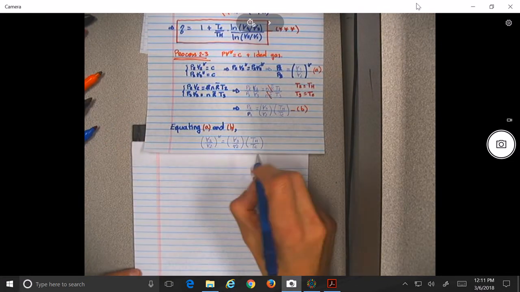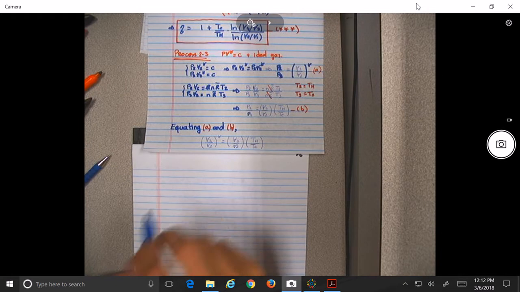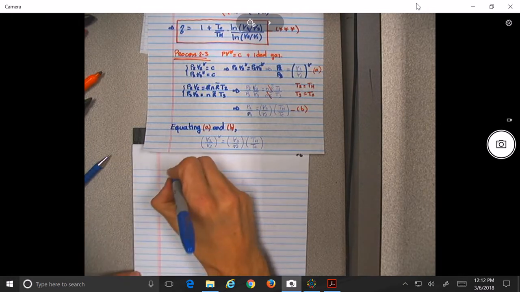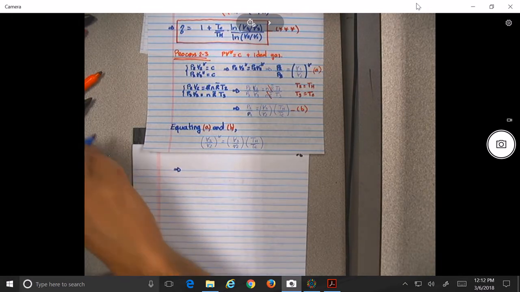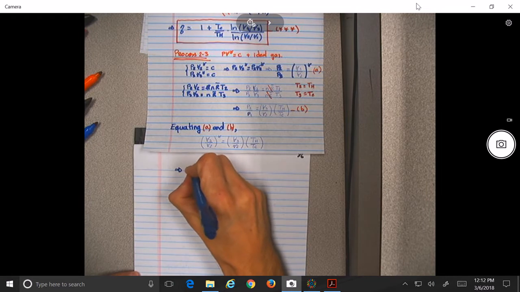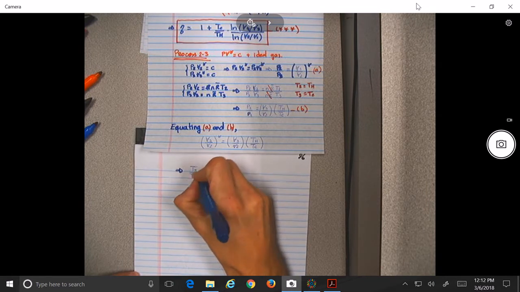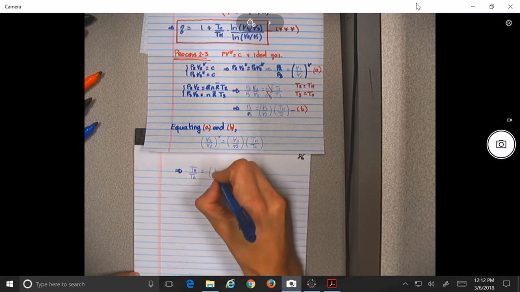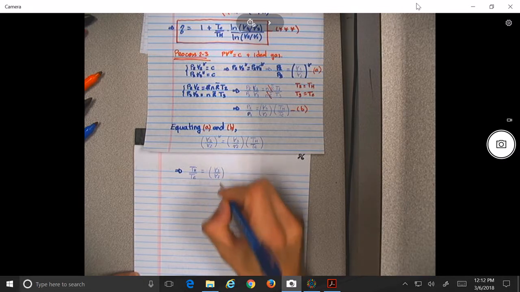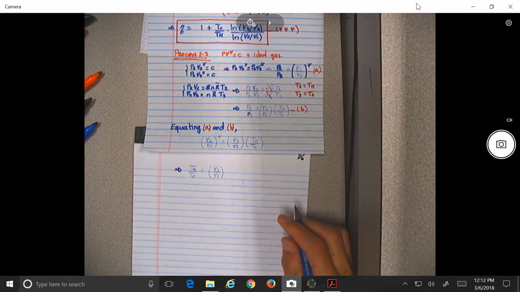So if I use this relation here, let me try to do it now. Again, we have T hot over T cold will be equal to what? V3 over V2 times what? What would be the power?